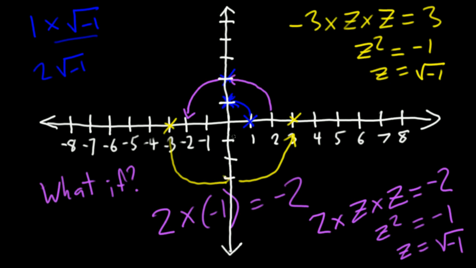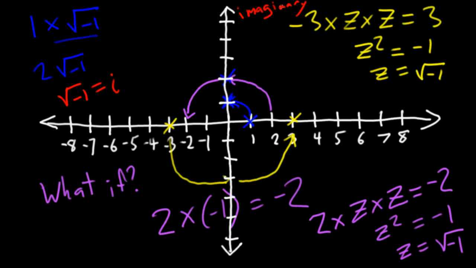And here's negative 1 times the square root of negative 1, and negative 2 times, and negative 3 times, negative 4 times, negative 5, and so forth. Now, the square root of negative 1 is referred to by mathematicians as i. It's called the imaginary unit, and this axis is called the imaginary axis.